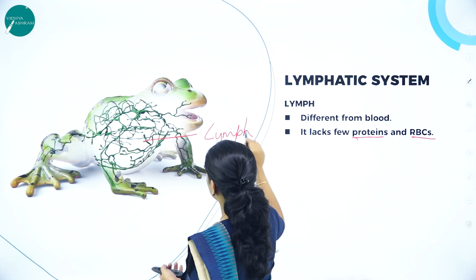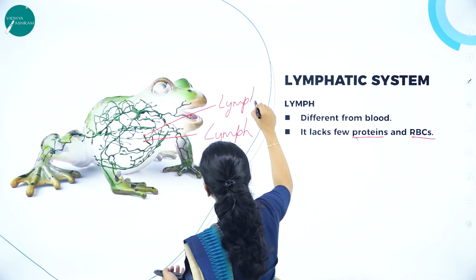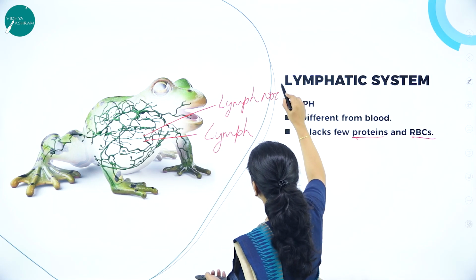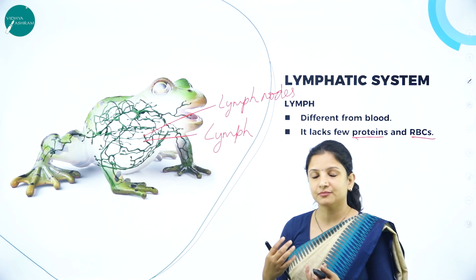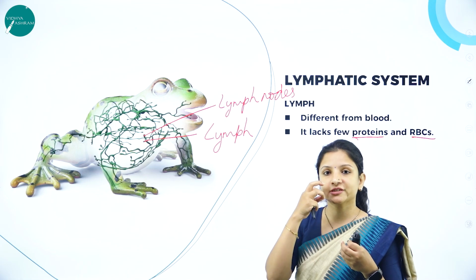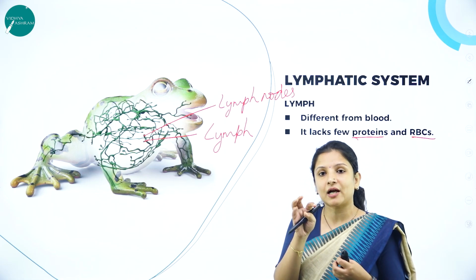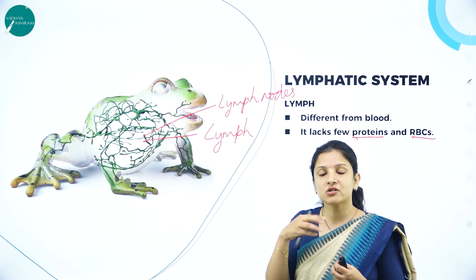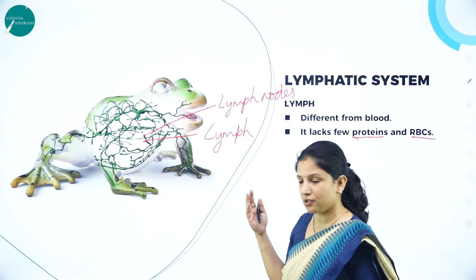All these are the lymph nodes. These round, pea-shaped structures are the lymph nodes, and they help in the defense mechanism. So when any pathogens enter the body, the lymph nodes will swell and a lot of WBCs will be sent to the lymph nodes and will start to attack that pathogen, trying to kill it. So that is one of the functions of the lymphatic system in the frog.